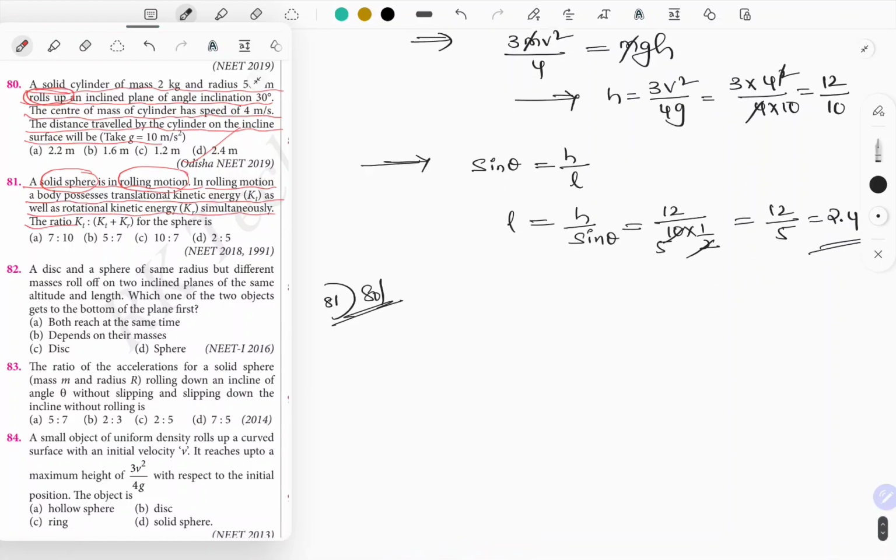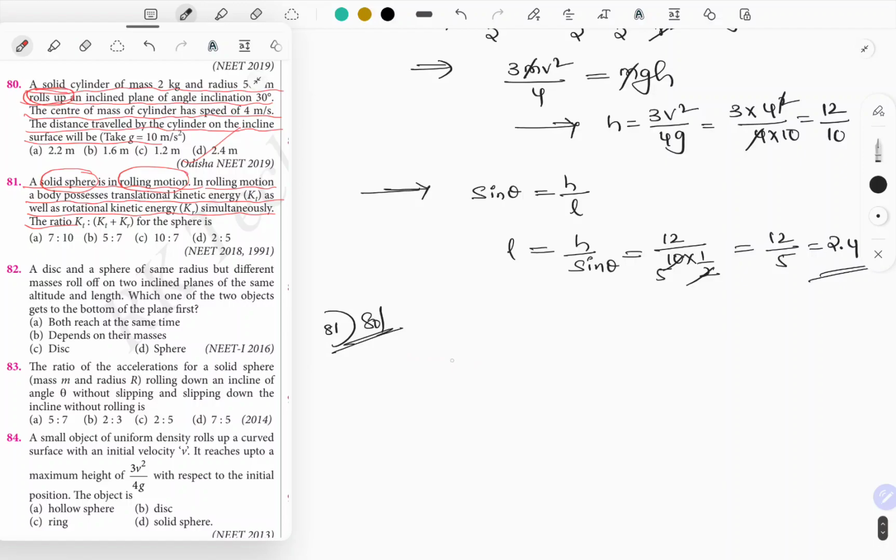The ratio of translational to rolling kinetic energy they are asking: Kt by Kt plus Kr, where Kr represents rotational and Kt represents translational kinetic energy.